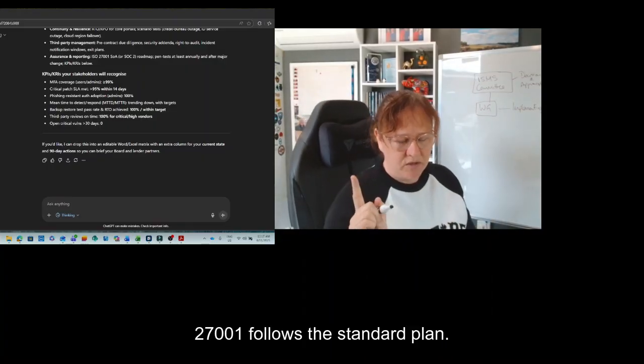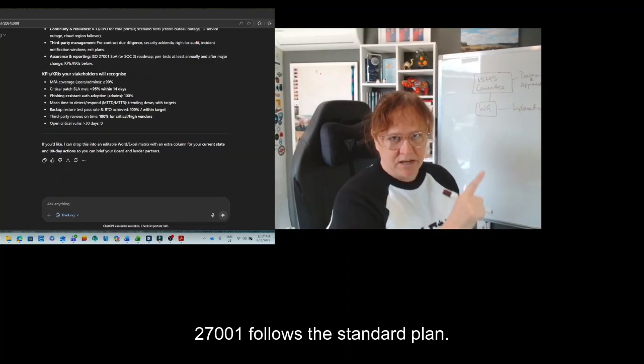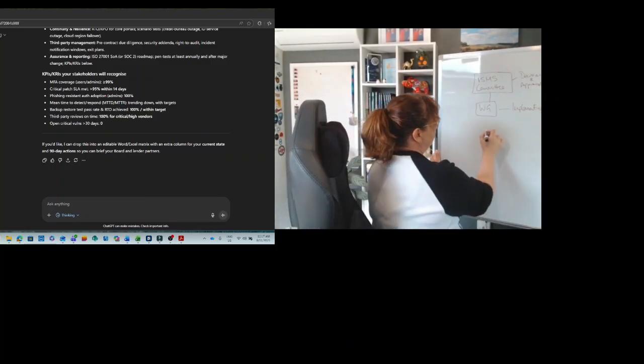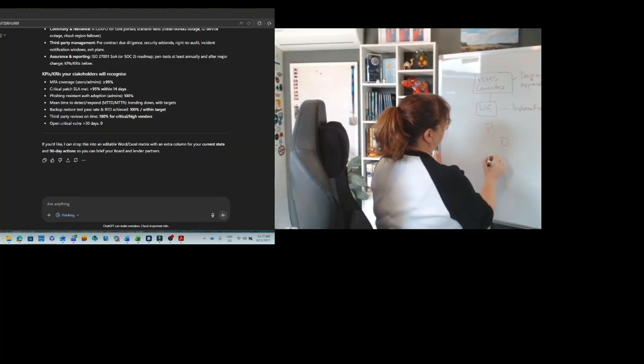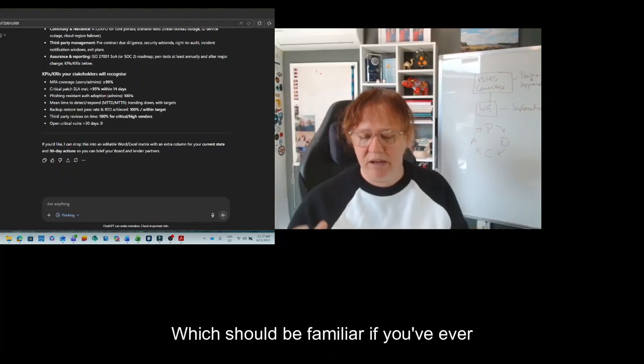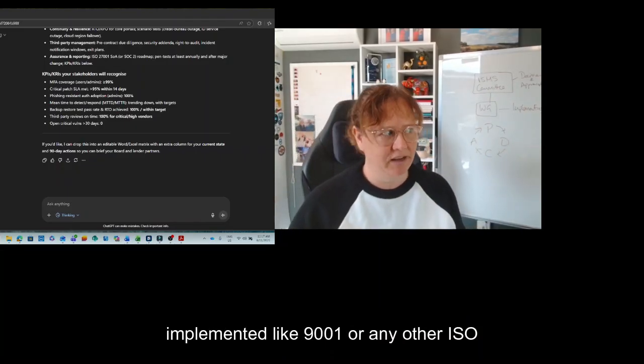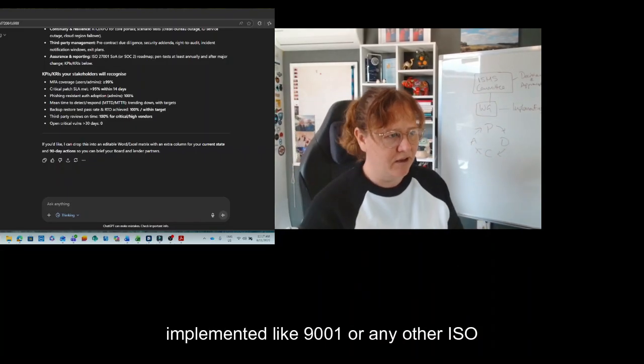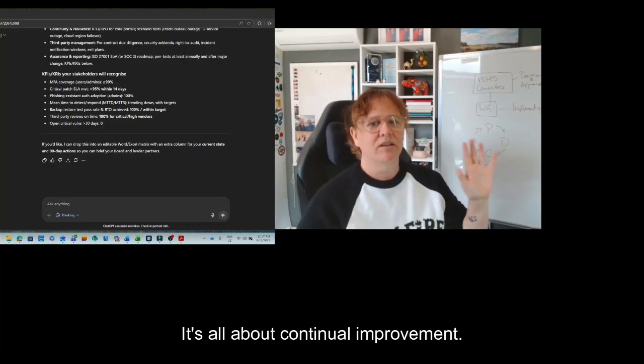So 27001 follows the standard plan do check act process here. Which should be familiar if you've ever implemented like 9001 or any other ISO standard. It's all about continual improvement.